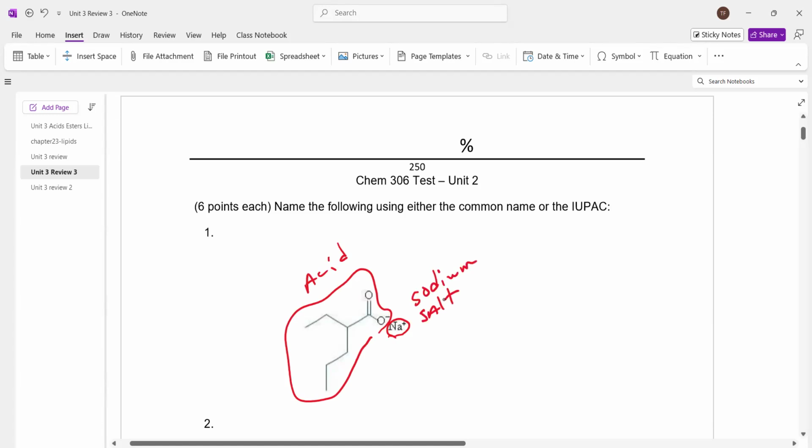So to name that, you name the cation first. And this is a 1, 2, 3, 4, 5.